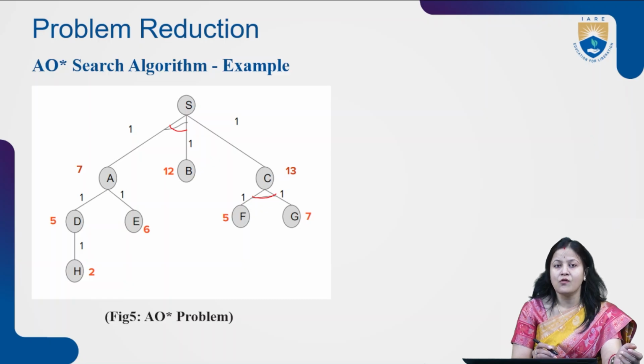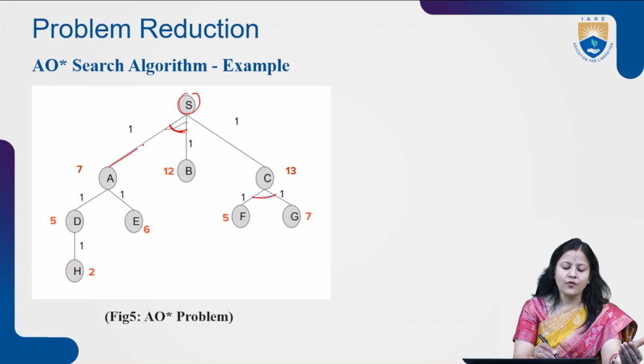That means whenever we solve this particular problem, we have to consider that this is an AND graph. So this is called an AND arc. To achieve S, we have to find the value for both of these paths combined.